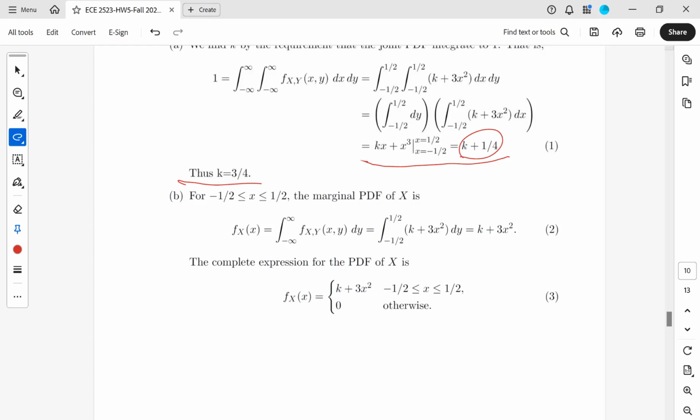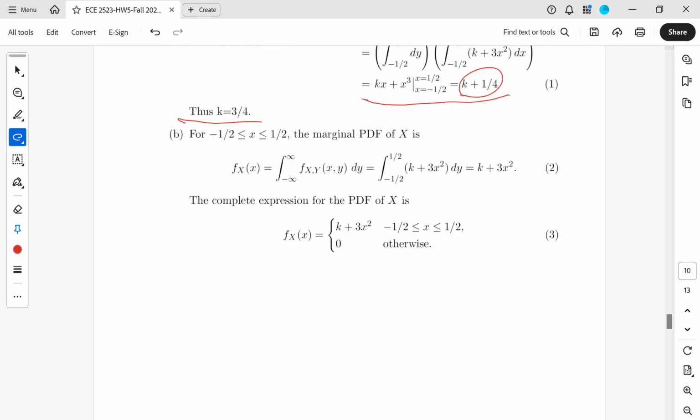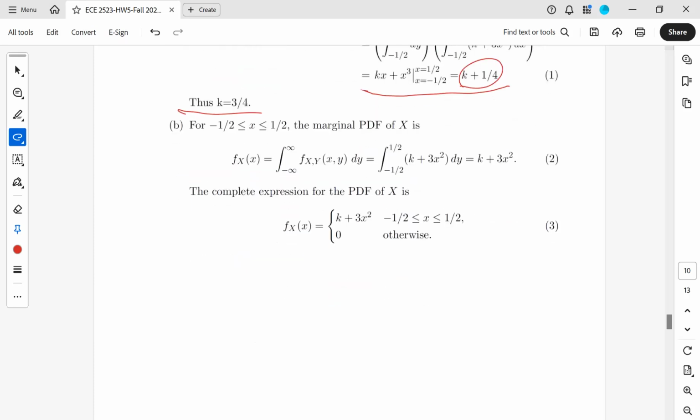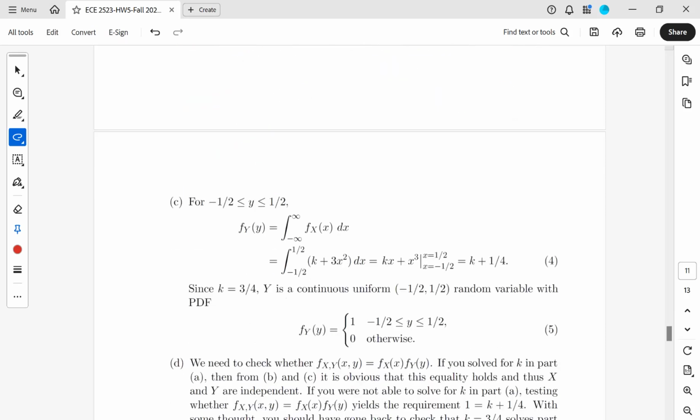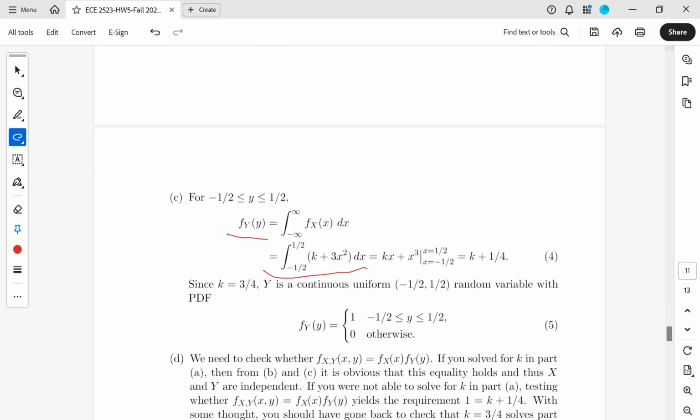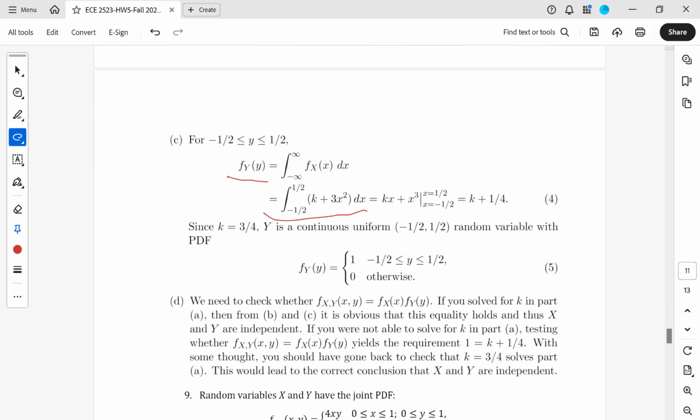There is no condition to restrict our range for x and y, so it's very easy. We just have to integrate over the range of y to calculate f of x, and integrate over the range of x to calculate f of y. Are we good?